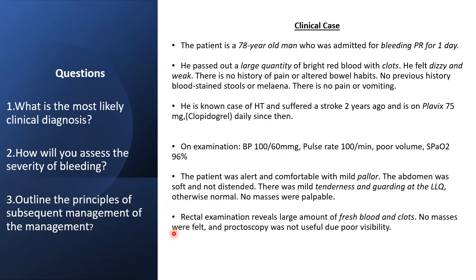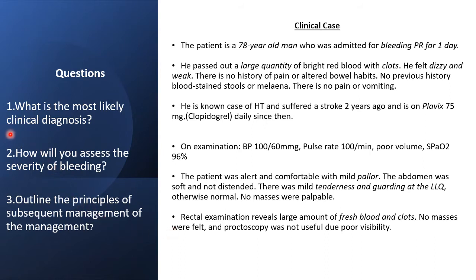Rectal examination revealed a large amount of fresh blood and clots. No masses were felt, and proctoscopy was not useful due to poor visibility. So this is a short history and examination of an elderly man with massive PR bleeding and tenderness and guarding in the left lower quadrant.